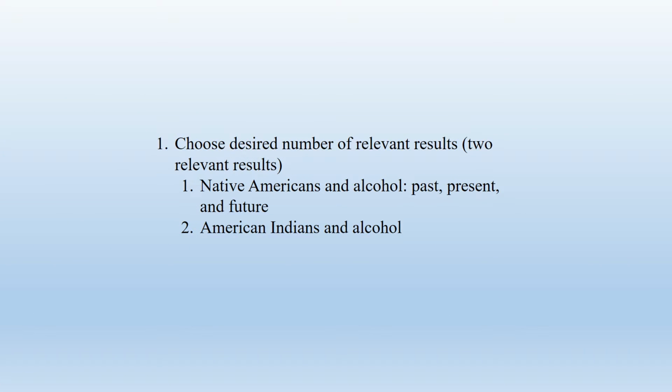You can now choose the desired number of relevant articles. The two I chose are Native Americans and alcohol, past, present, and future, and American Indians and alcohol.